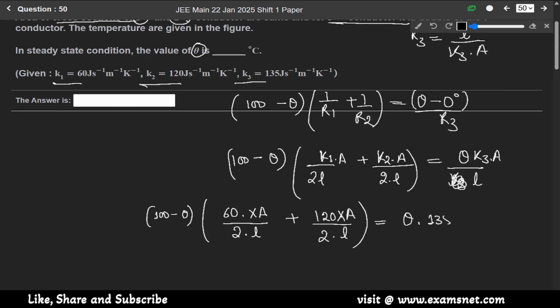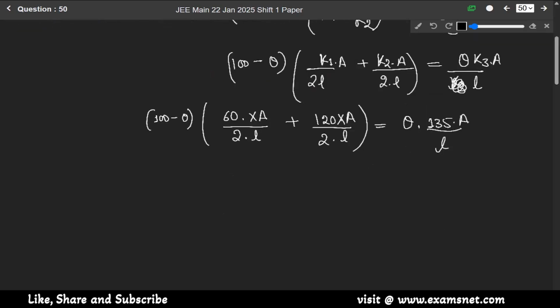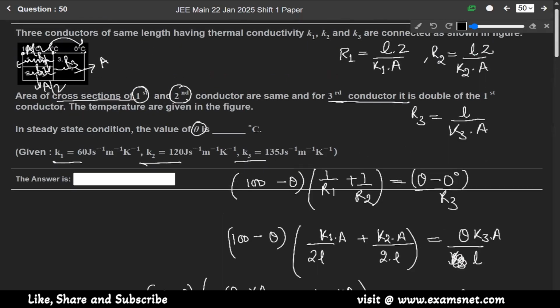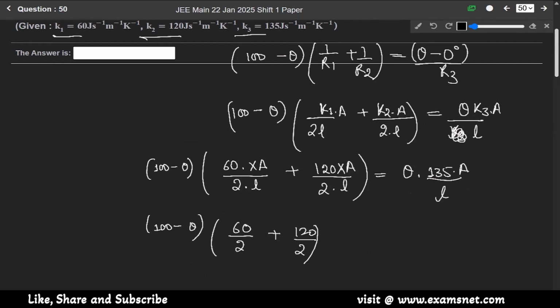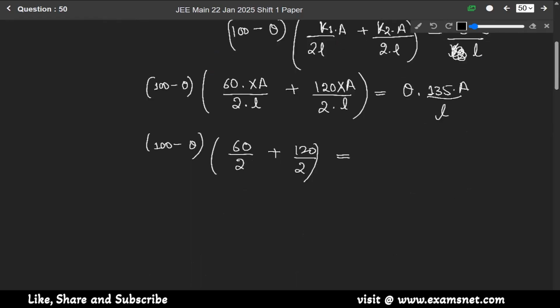K3 is 135 into A over L. Taking A over L common and cancelling from LHS and RHS, we get 100 minus theta into 60 over 2 plus 120 over 2, equal to theta into 135.